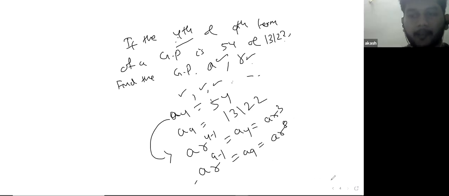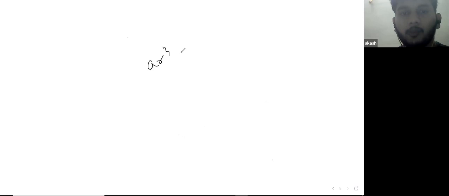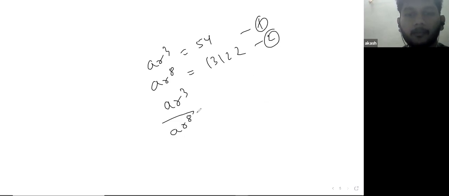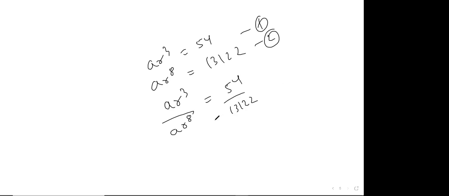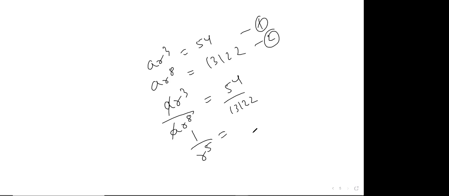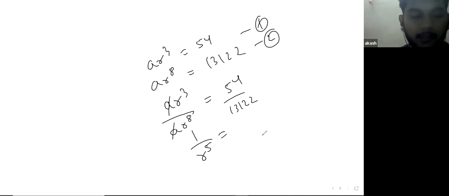So we have A R cube as 54, A R raised to the power 8 as 13122. Now can I divide this equation? If I divide them, A and A is cancelled. Please try to divide this and tell me what the answer is.